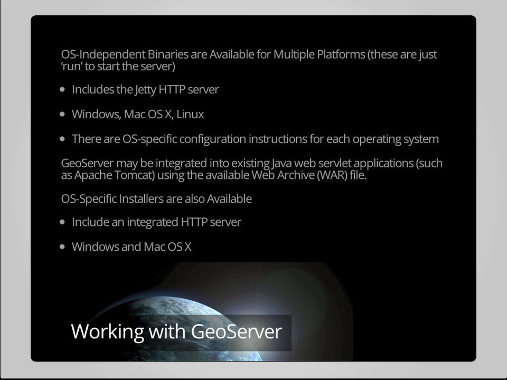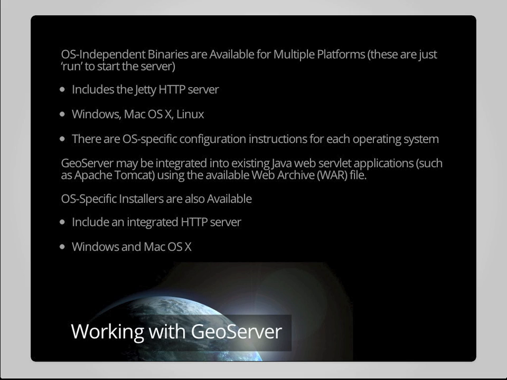If you already have an existing Java web servlet application environment, you can also use the distribution as a web archive of the GeoServer code that allows you to install it within that existing Java environment on an existing system.